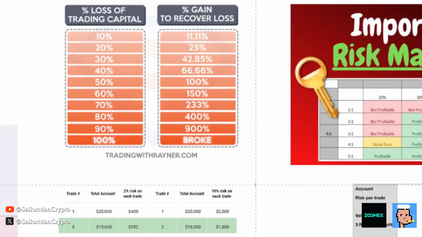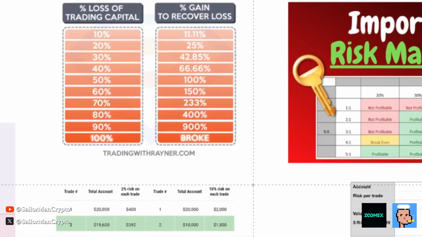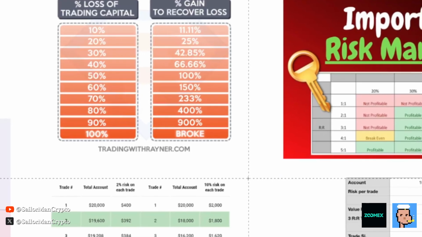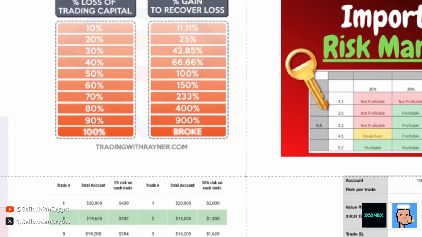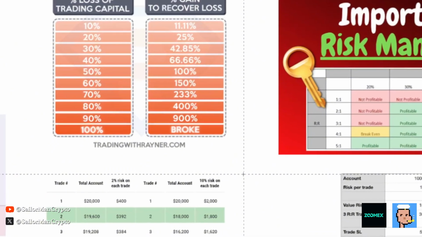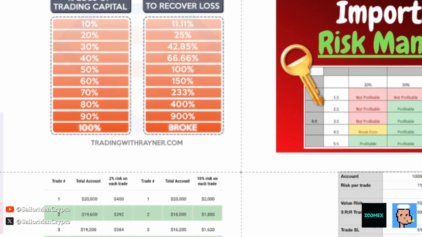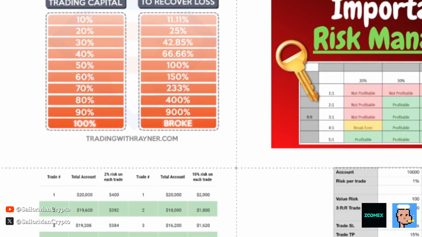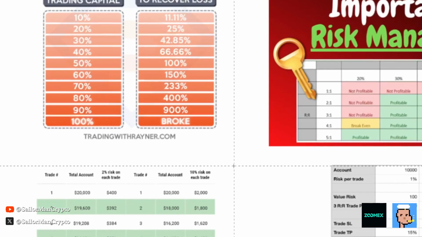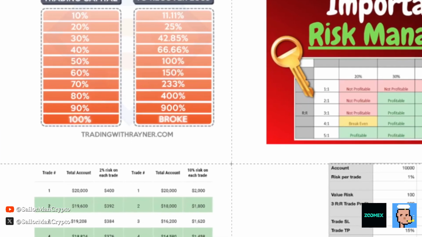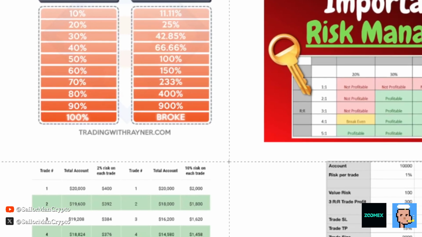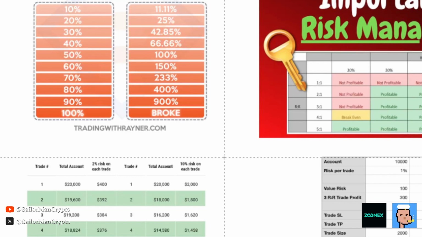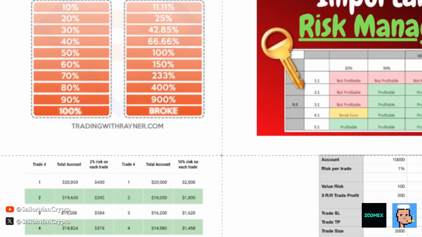To give you an example, if you lose 50% of your capital, you will need a 100% gain to go back just to break even. And if you lose 90% of your capital, let's say that you start with an account of $1,000 and you burn $900, if you remain with $100, you will need to gain 900% to go back to the initial 1K you had at the very beginning.